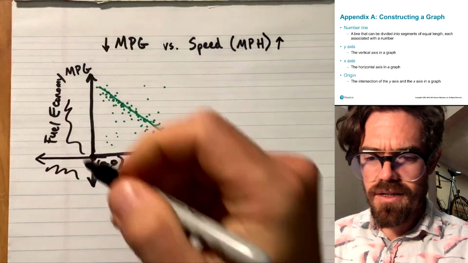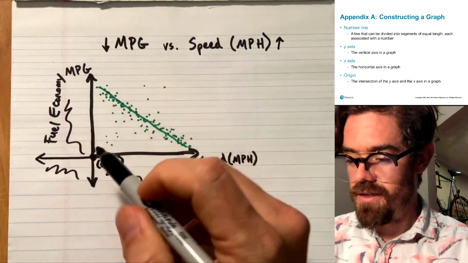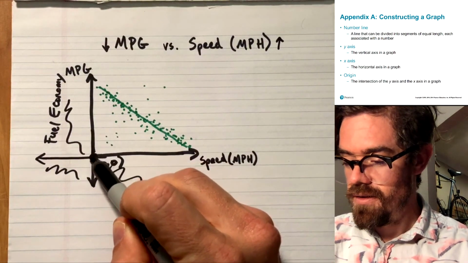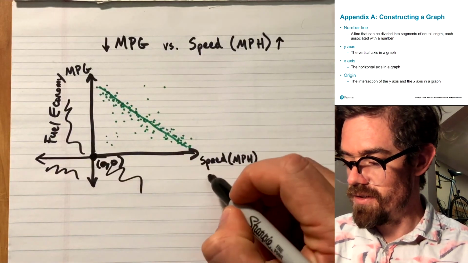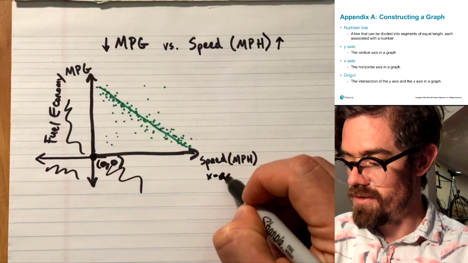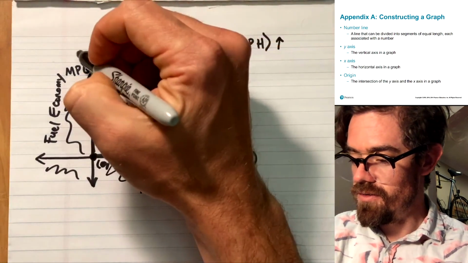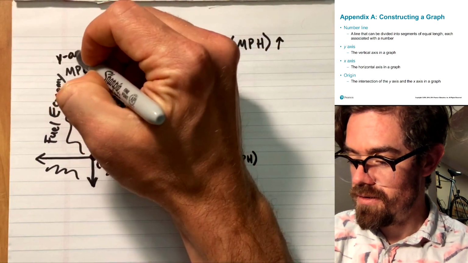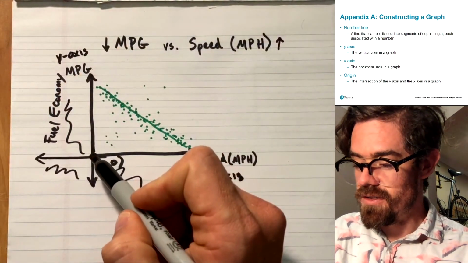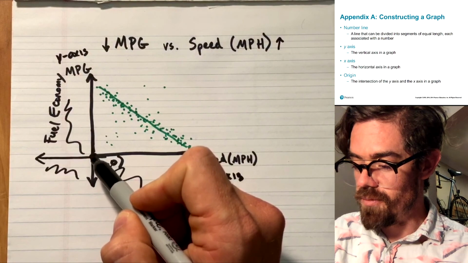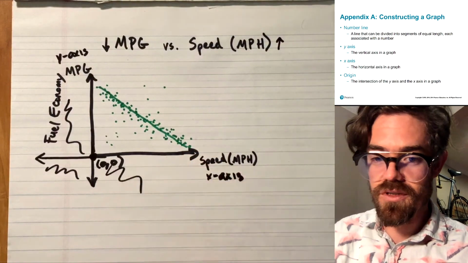So origin, of course, right here. And it's where both of these number lines cross. Remember that this is the x-axis. And this over here is the y-axis. Those are just number lines. They both cross right where they both equal 0, right?